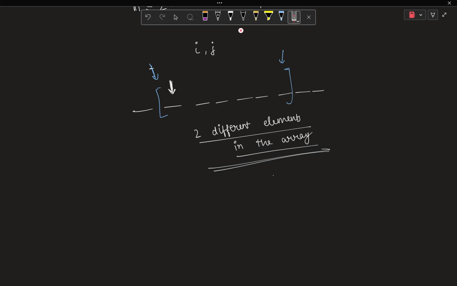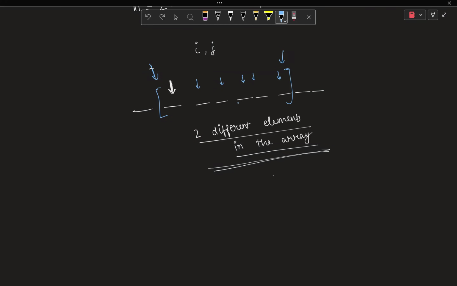Correct? Absolutely. If you are not really sure about it, just assume that all these elements are equal to the first element, so that there is no element different from the first. Then you will see that you just got this thing contradicted.